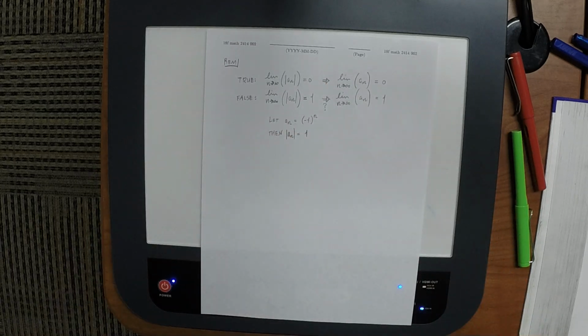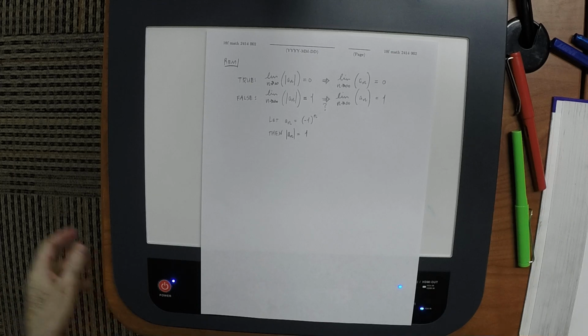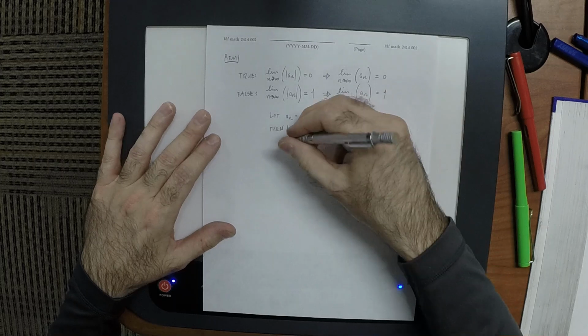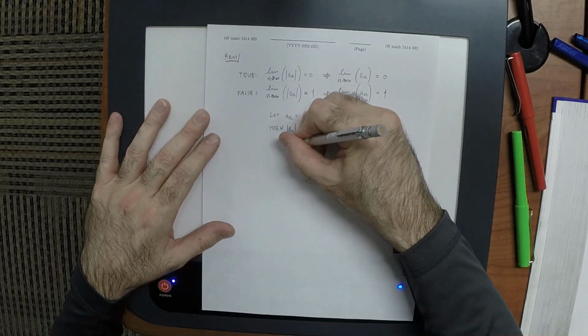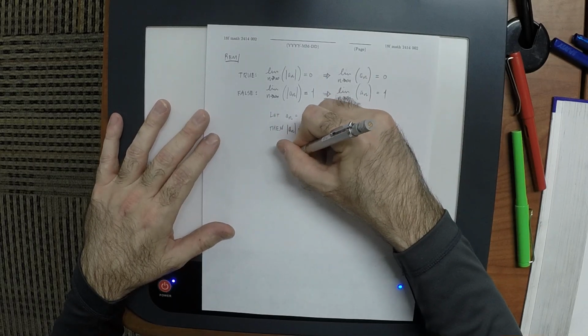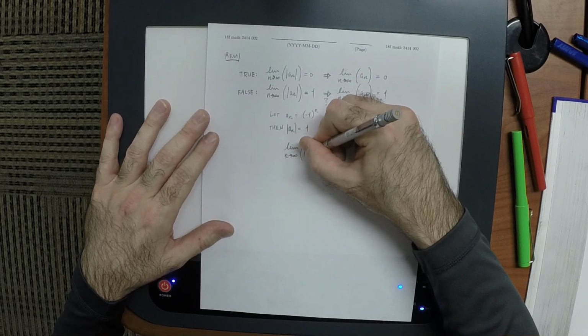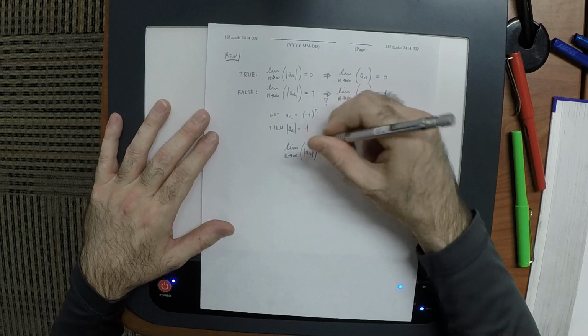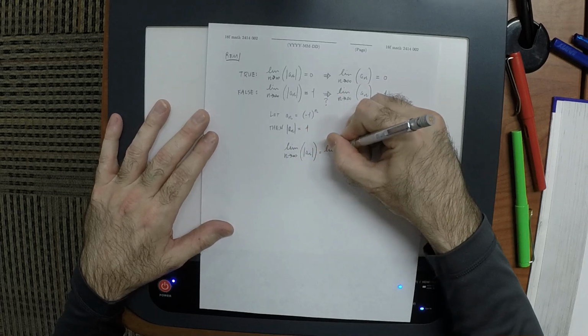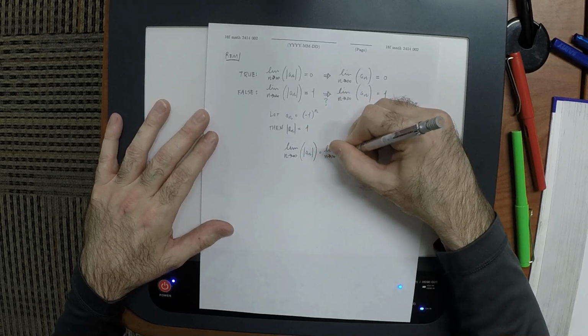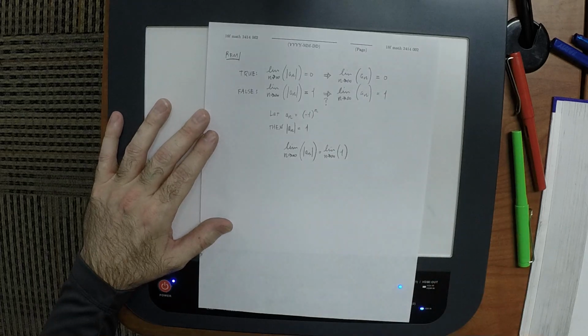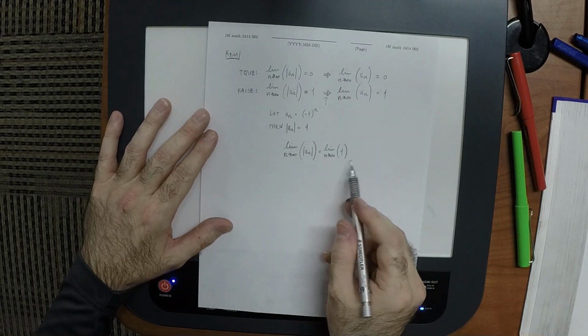Because the output of the alternator is either negative 1 or positive 1, but the absolute value of both of those is 1. So the limit as n goes to infinity of the absolute value of the alternator is the limit as n goes to infinity of just 1. And what's the answer? 1.